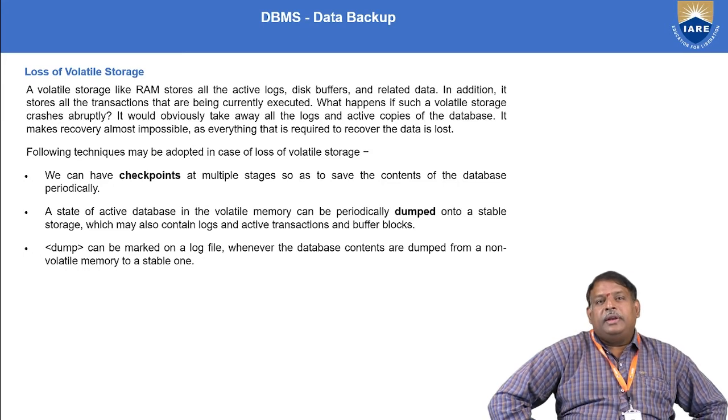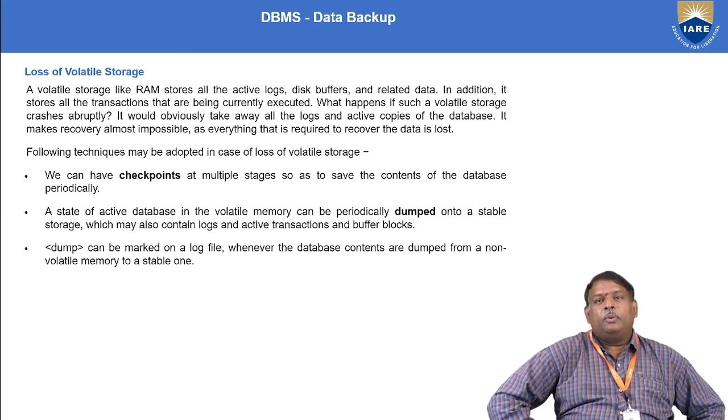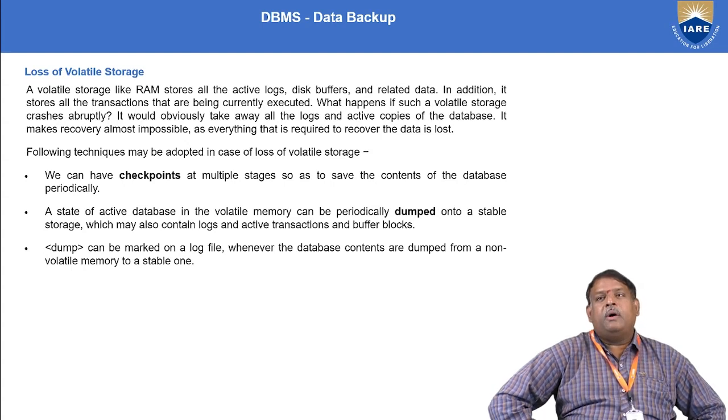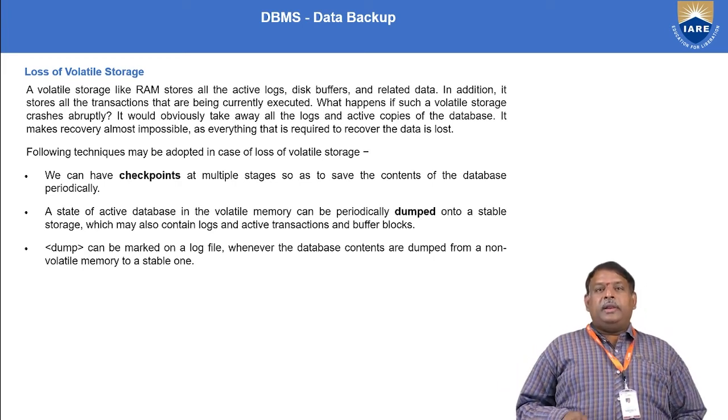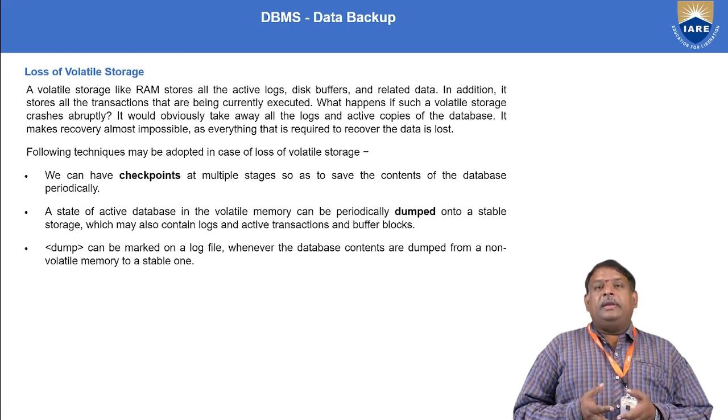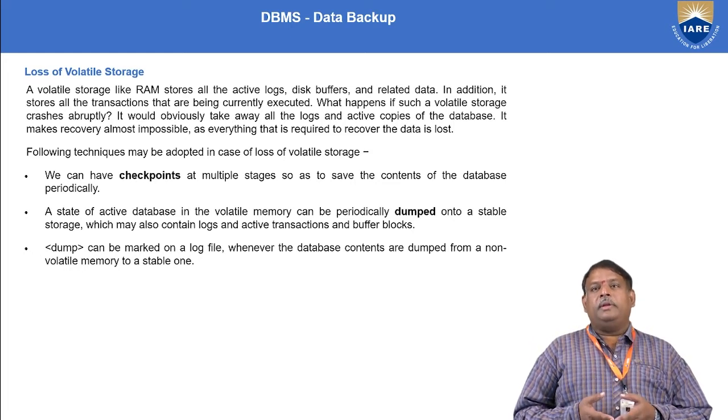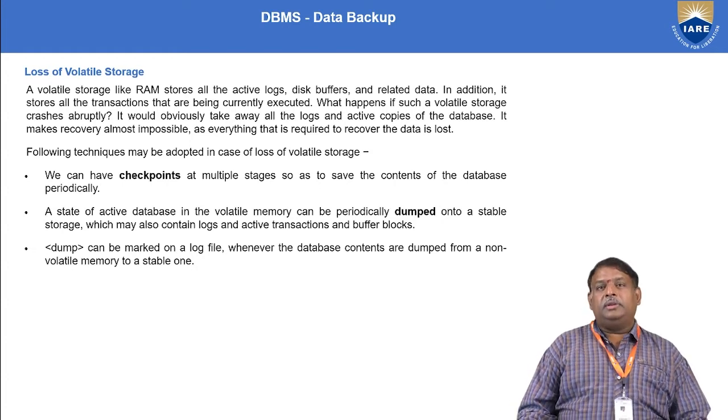The state of an active database in the volatile memory can be periodically dumped onto a stable storage, which may contain logs, active transactions and buffer logs. So the data currently in the volatile memory, periodically you can dump onto the stable storage.